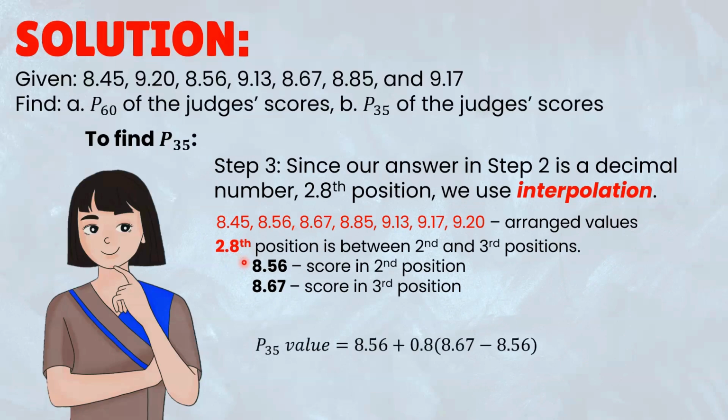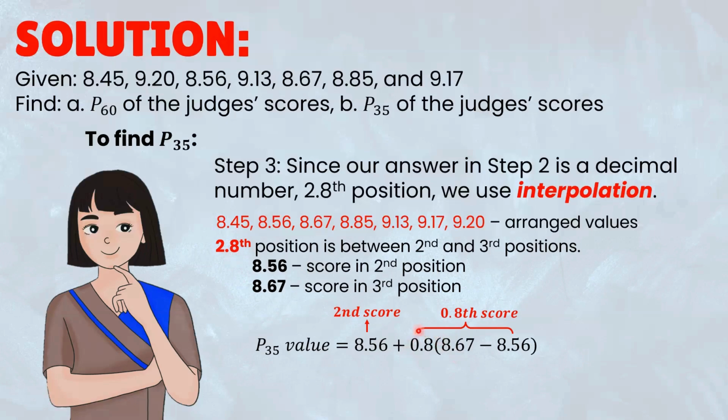So percentile 35 value is equal to 8.56 plus 0.8 times the quantity 8.67 minus 8.56. 8.56 here is our second score, and the expression 0.8 times the quantity 8.67 minus 8.56 is the 0.8 score. So adding the 2 plus 0.8, that gives us the 2.8 score, which corresponds to the 2.8 position.